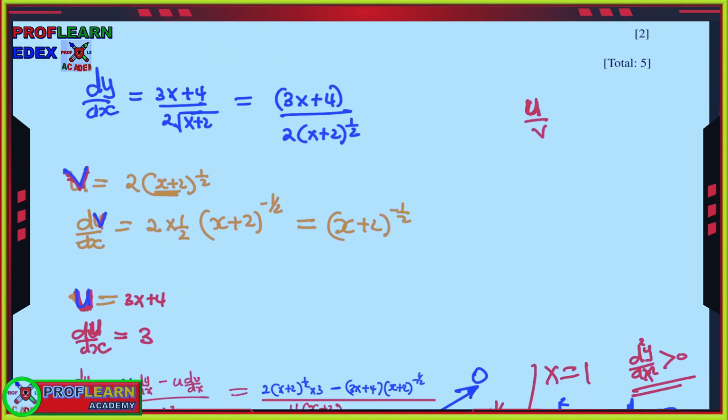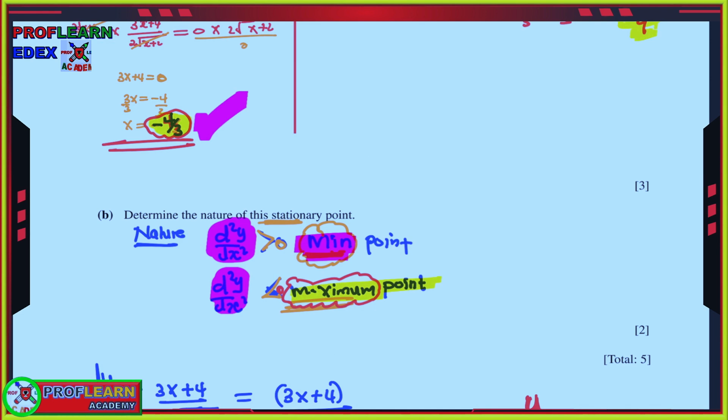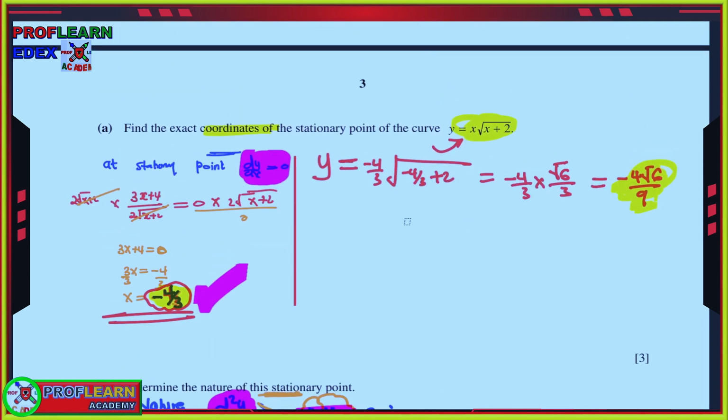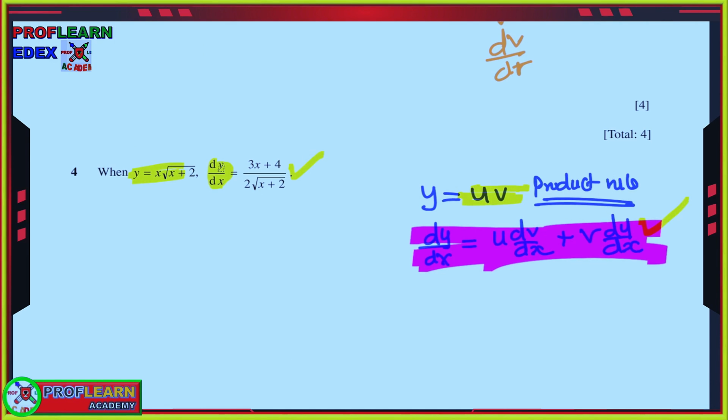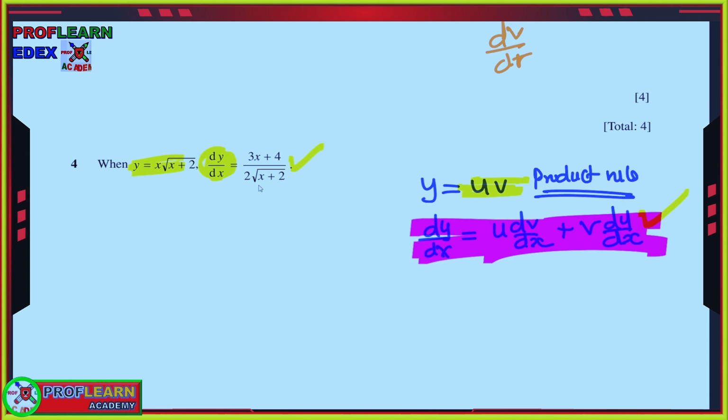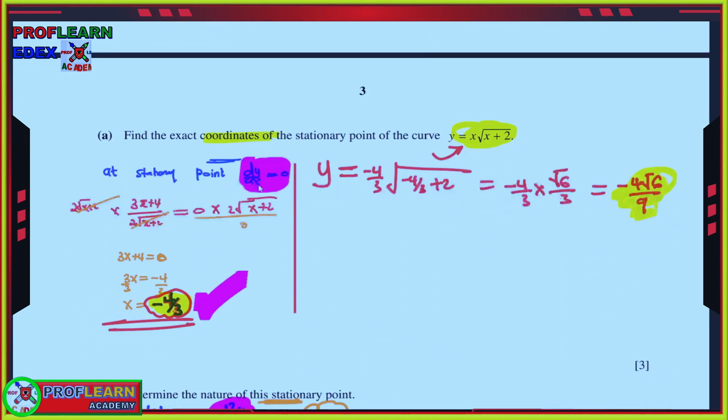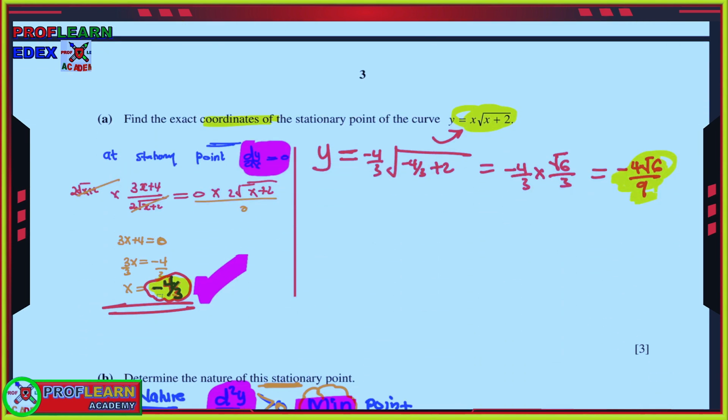So in that case, what I did, I differentiated the function that I was given in the previous question, this function here, for the second time, and then I substituted the value of x at the stationary point, which is -4/3.